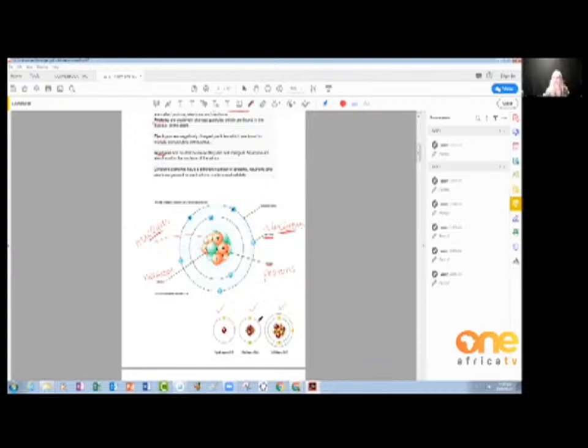Another very, very important aspect that we can notice here is that in a neutral atom of any element, the number of protons equals the number of electrons. So the protons which are in the nucleus and the electrons that orbit around the nucleus are the same numbers.